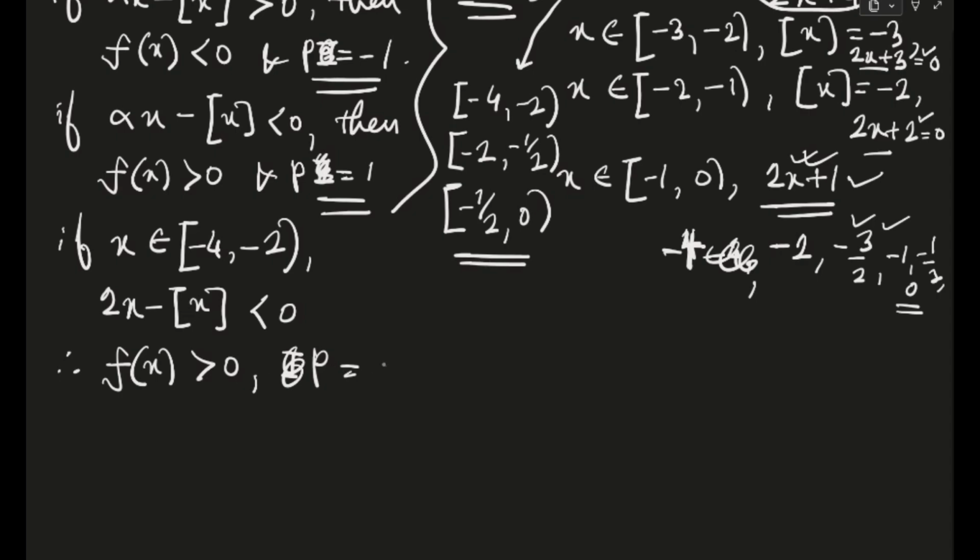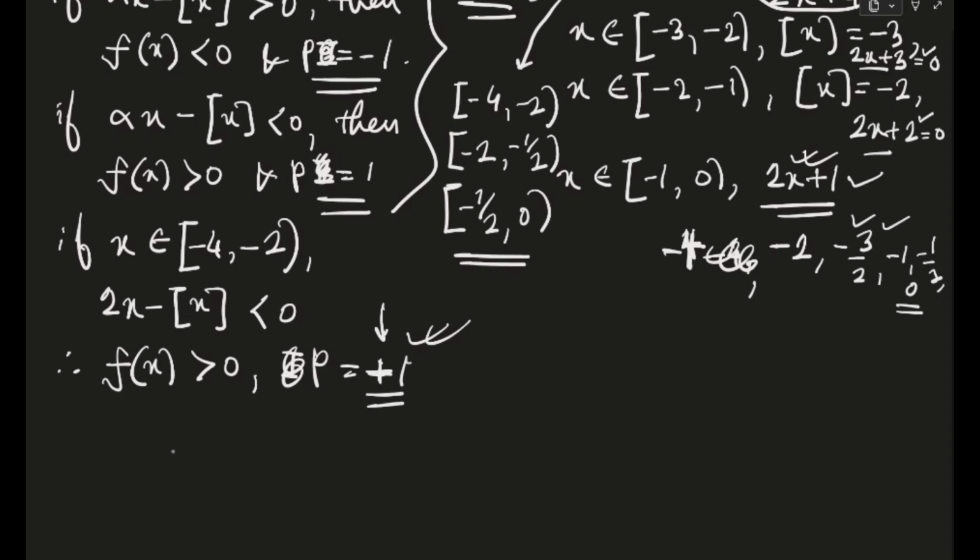So this thing comes out to be 1, I'm sorry, minus 1. Okay, so f of x greater than 0, right? This will be plus 1. I'm sorry, I messed up. So for this thing which is less than 0, p equals plus 1.